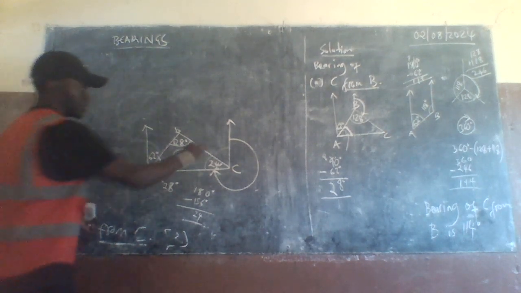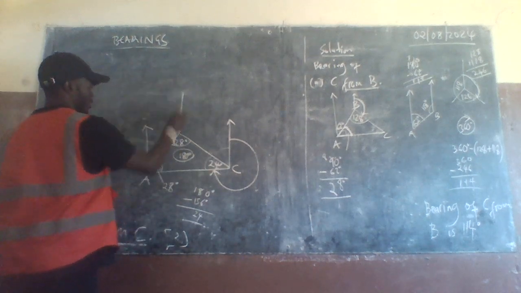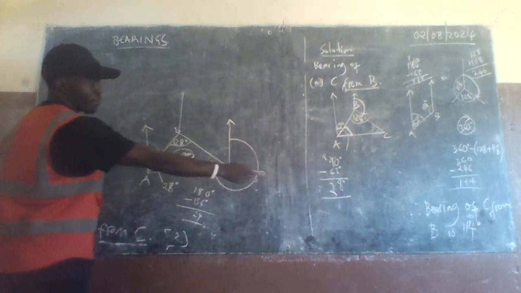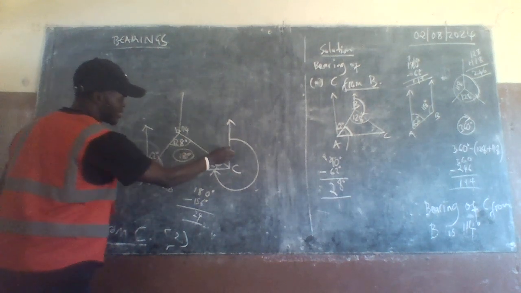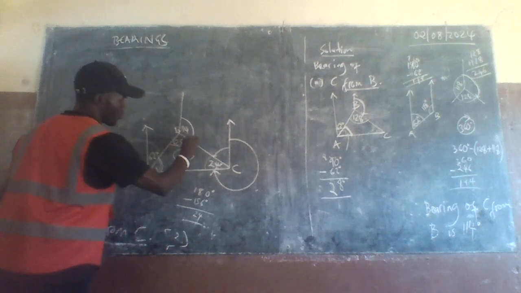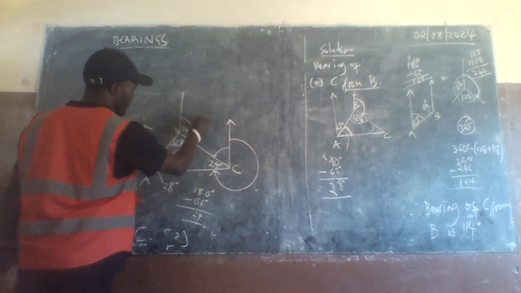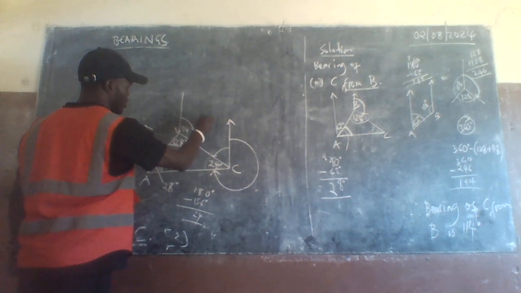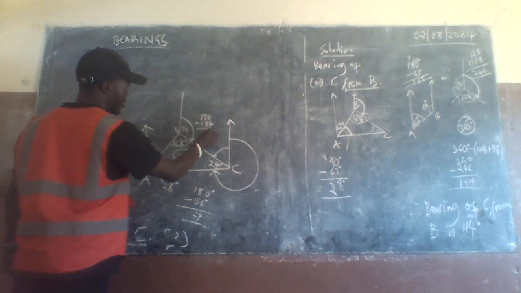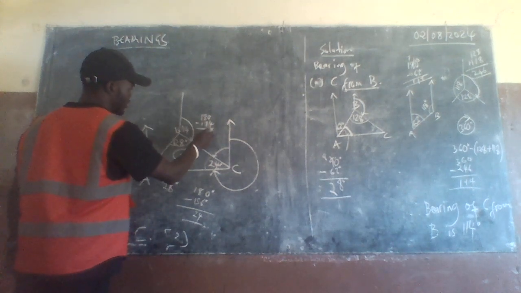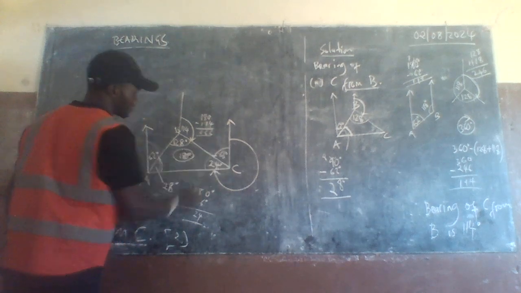So our M is this line, but we just need to know this. Then, here we already know from the previous question, this is 114. Then we know that this angle and this angle, they give us 180. So we'll just say 180 minus 114. So 10 minus 4 it is 6. 7 minus 1 it is 6. And then 1 minus 1 is 0. Meaning this one is 66.